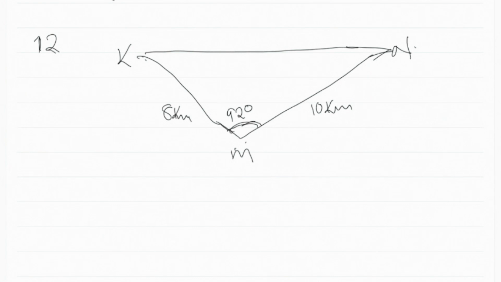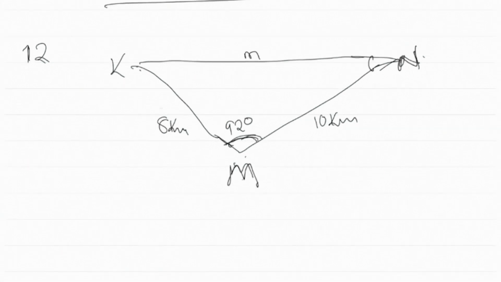Before we ascertain whether to use the sine rule or the cosine rule, we need to understand that the side opposite angle M is small letter m, the side opposite angle N is small letter n, and the side opposite angle K is small letter k.